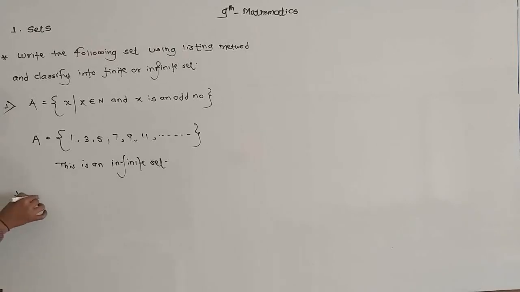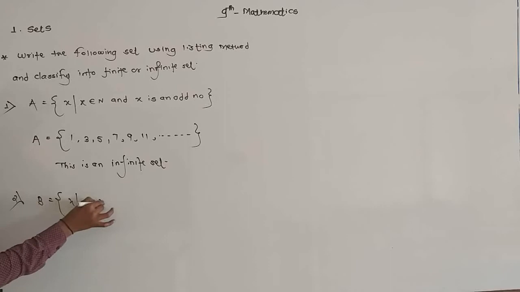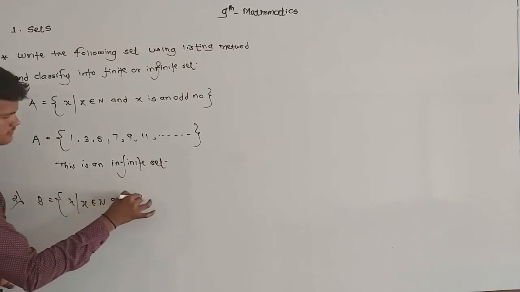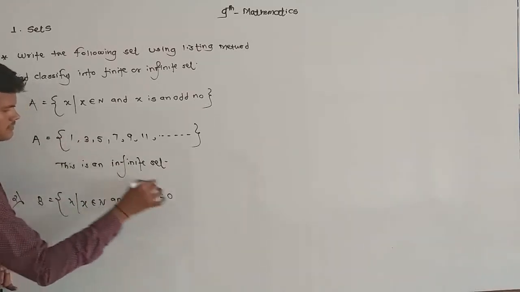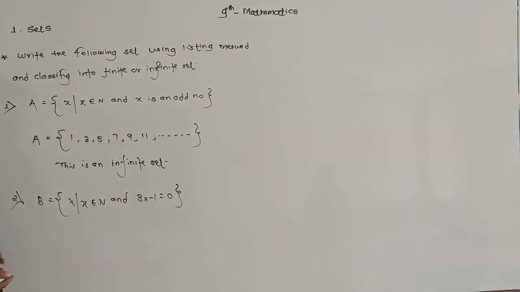Now second example is, how to read this set? Set B is the set of all x such that x is a natural number and 3x minus 1 is equal to 0.